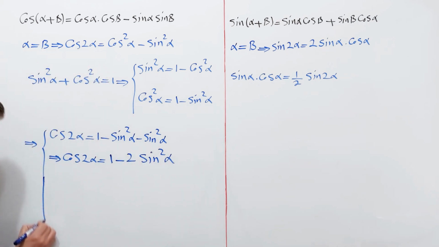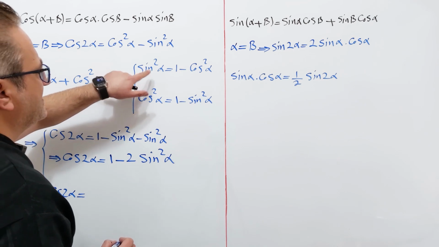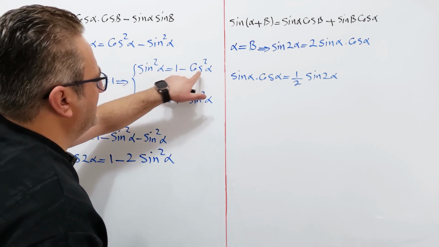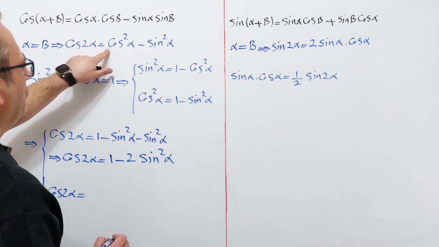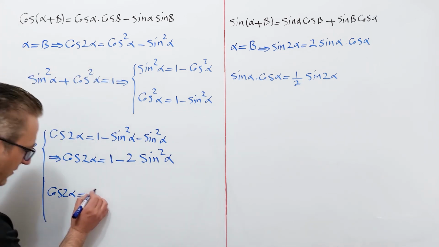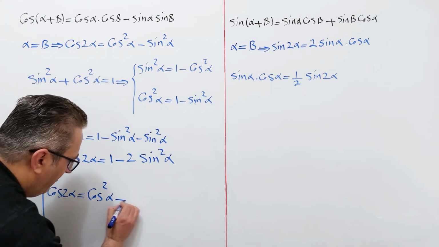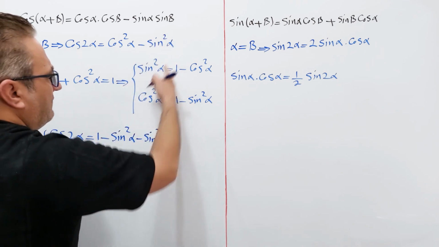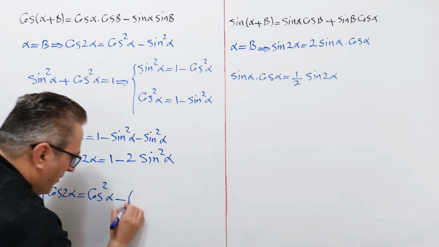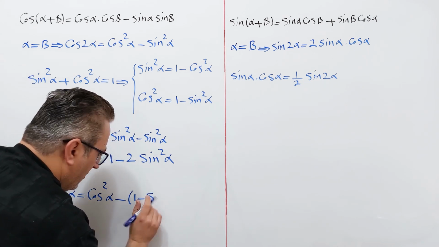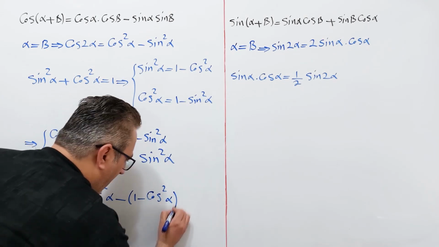Okay? And cosine 2 alpha is equal to cosine squared alpha minus sine squared alpha, where sine squared alpha is 1 minus cosine squared alpha.